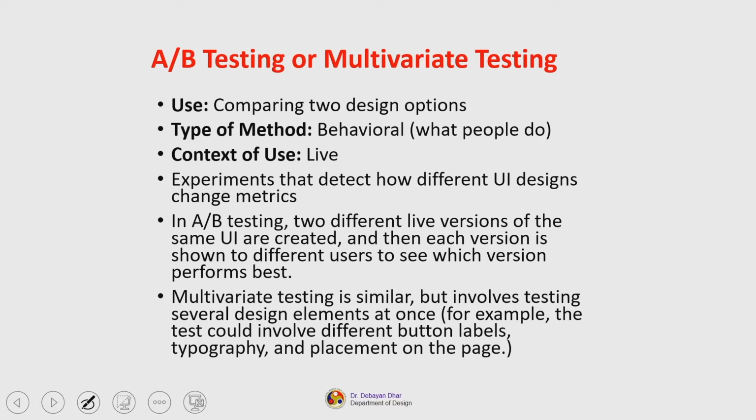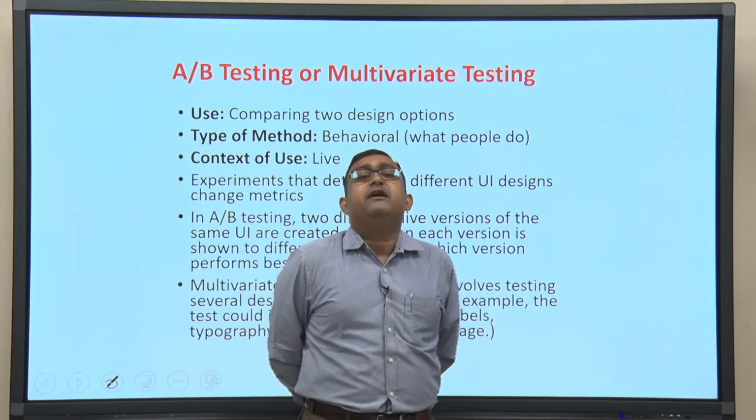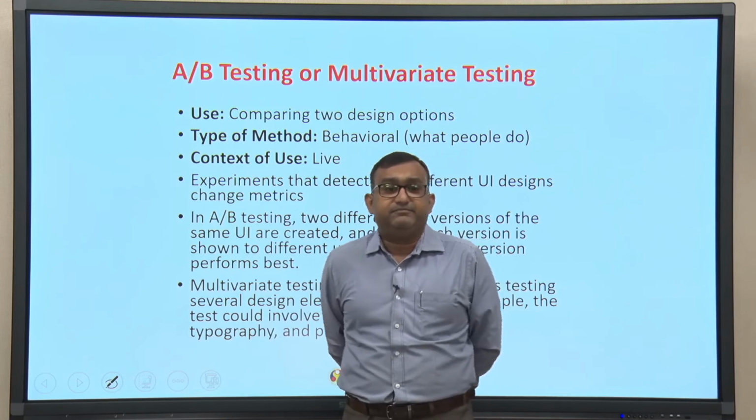It is used when your intention is to compare two design options. You have design A and design B, you want to compare. It can happen if you have multiple concepts, or it may also happen that you have the new concept and the old concept and you want to see how your new concept is performing.